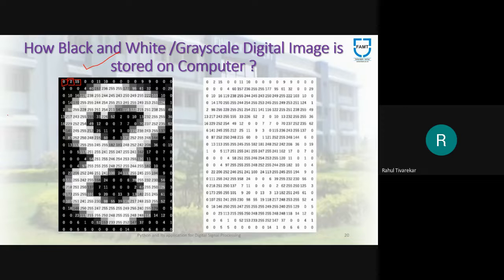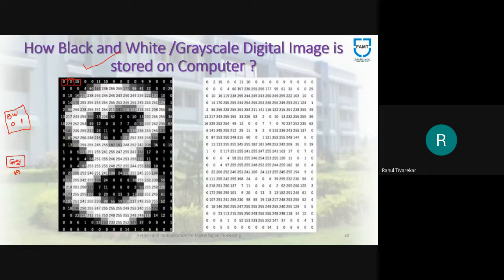In a black and white image, for example, if the pixel value is 0, that represents the black color, and if the pixel value is 1, that represents the white color. As opposed to this, a grayscale image means there is not only black and white, but in between black and white there are many other shades of gray.